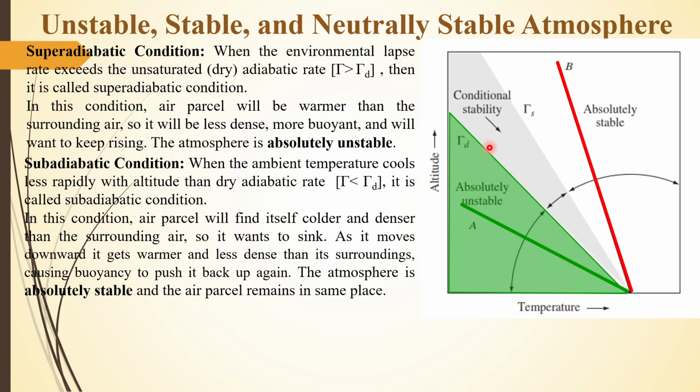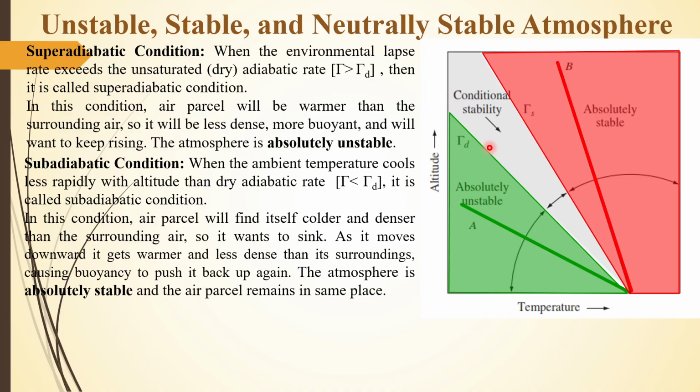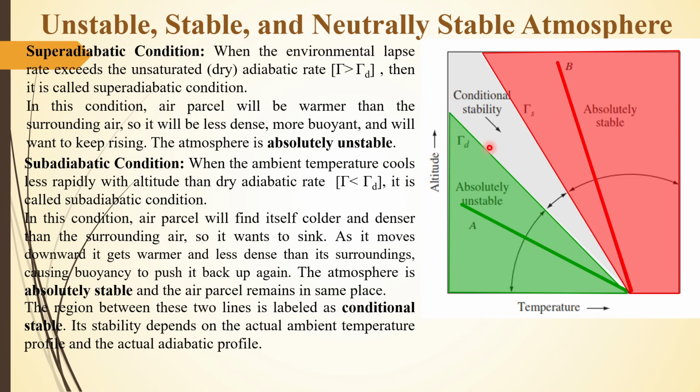So in this graph, this portion is absolutely stable, and the region between these two lines is labeled as conditionally stable. Its stability depends on actual ambient temperature profile and the actual adiabatic profile.